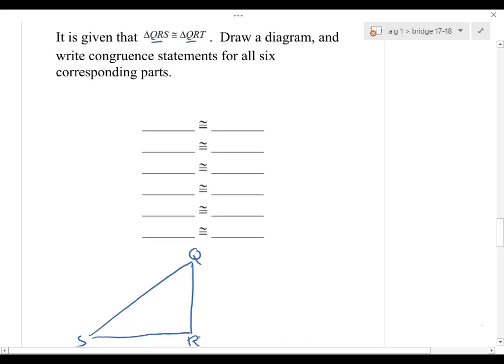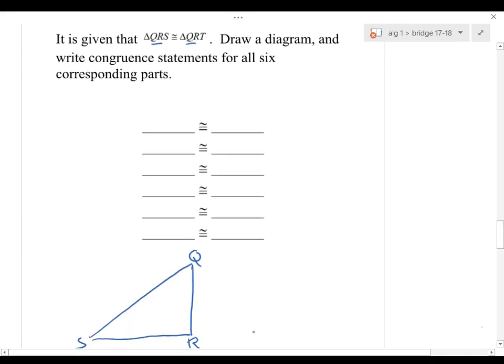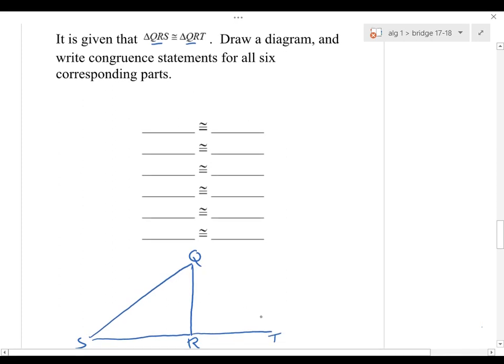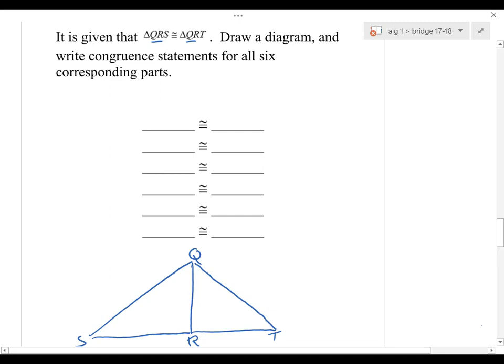And if I have QRS on the left side, I have QRT on the right side. I'm just going to put that there. So we have triangle QRS and QRT, and QR is a common side with each.